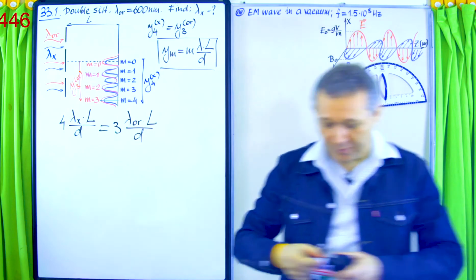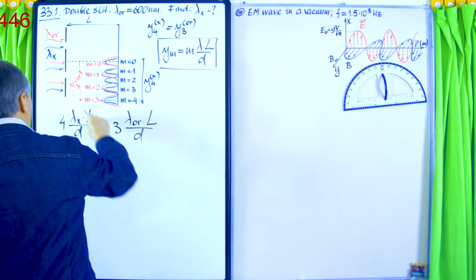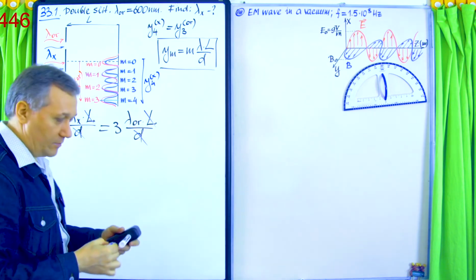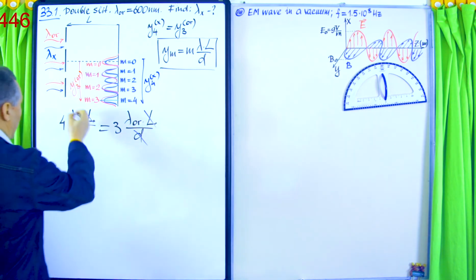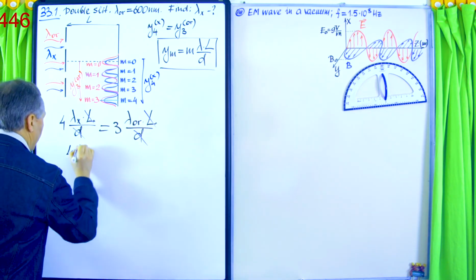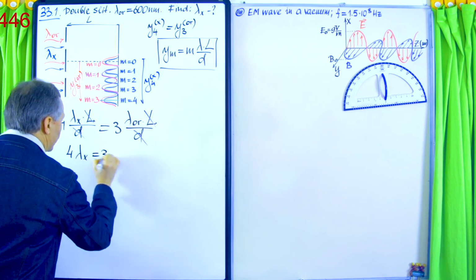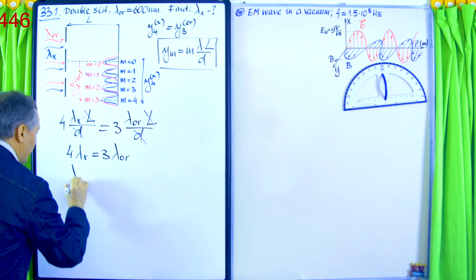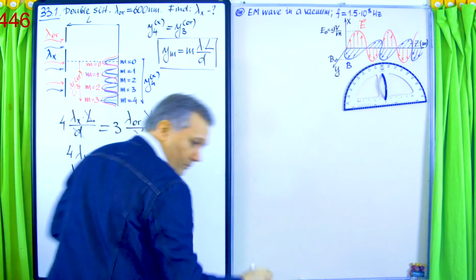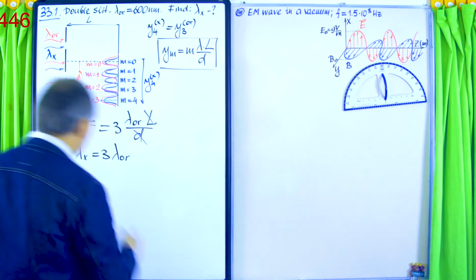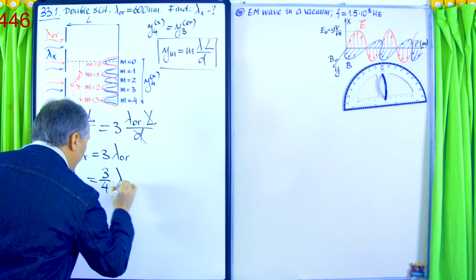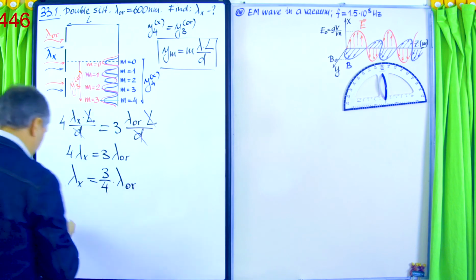Okay, so L can be cancelled because it's the same for both. D can be cancelled, it's the same. And what's left? 4 lambda x equals 3 lambda orange. Of course, we can solve it for lambda x, and we will get 3/4 of the orange wavelength.